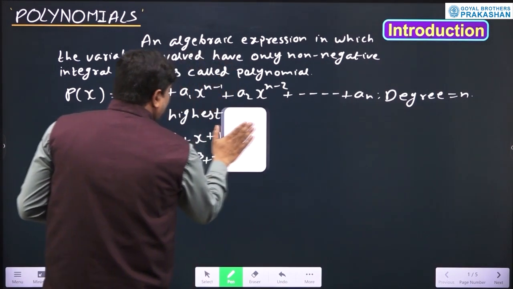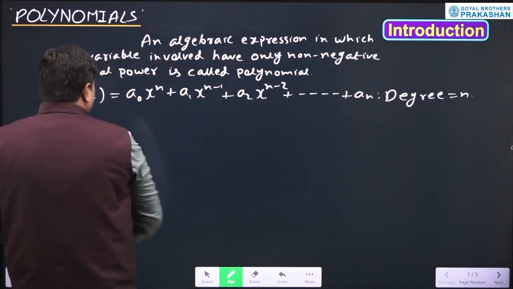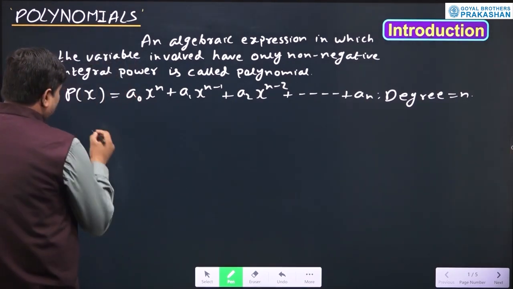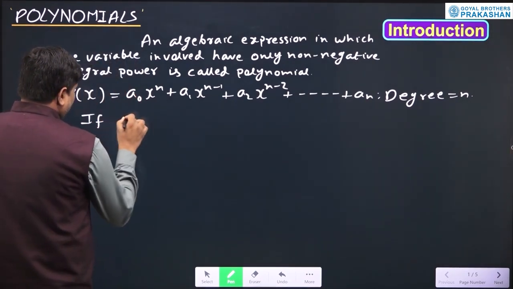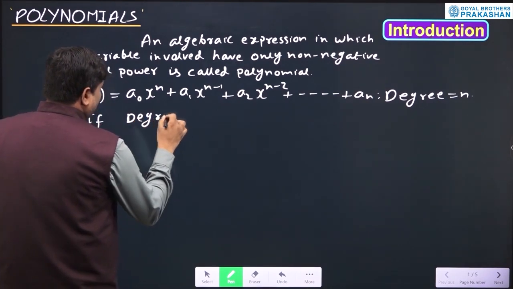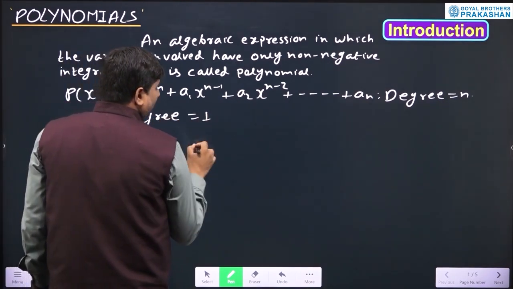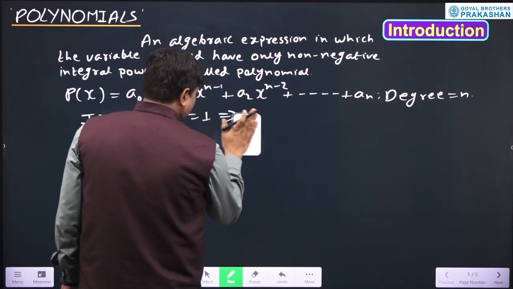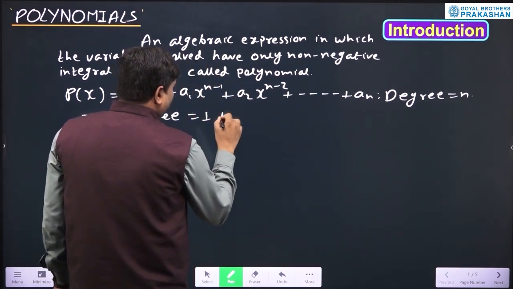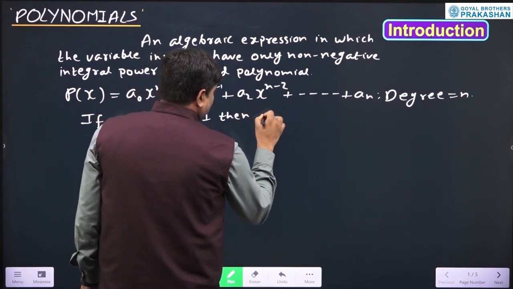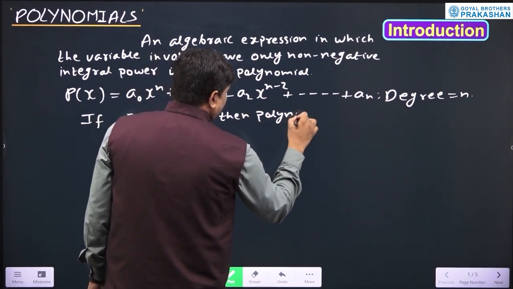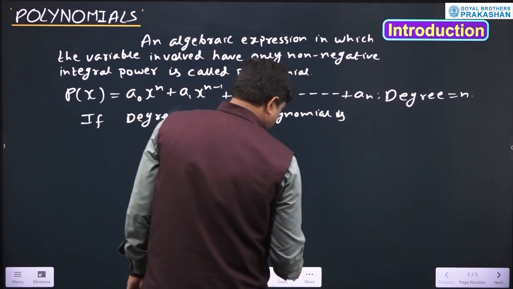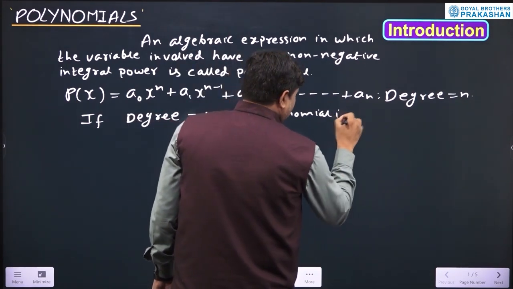Now on the basis of the degree of a polynomial, there are some classifications. If the degree of the polynomial is 1, then the polynomial is linear.